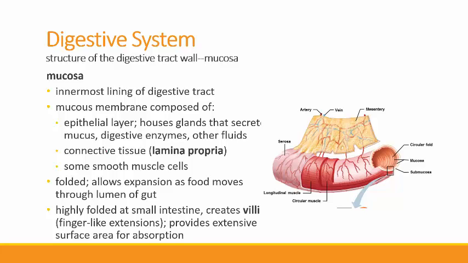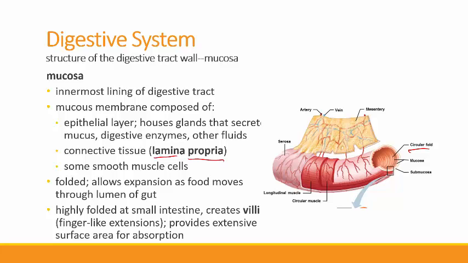There's a connective tissue layer, a basement membrane, referred to as the lamina propria. And then embedded in the mucosa are some smooth muscle cells that help to keep it nice and tight and folded up. So the mucosa has these little circular folds in it.